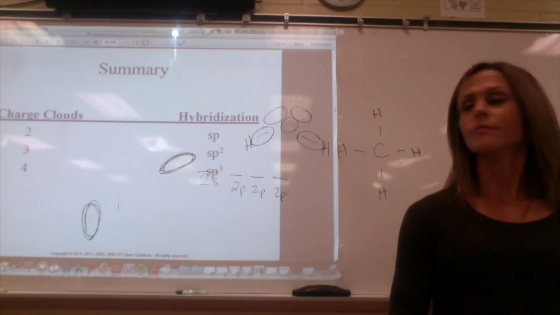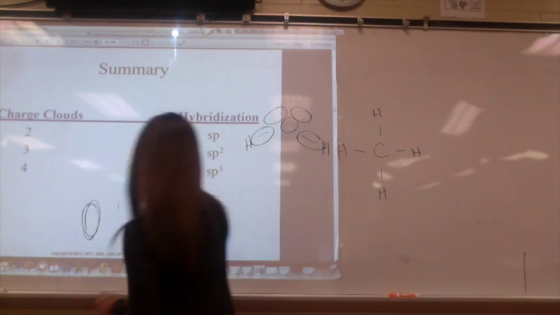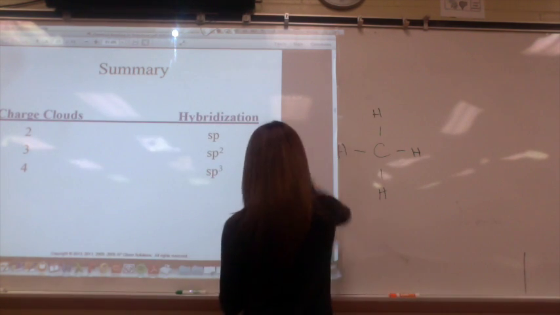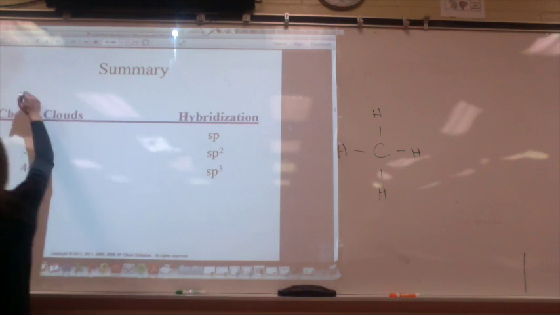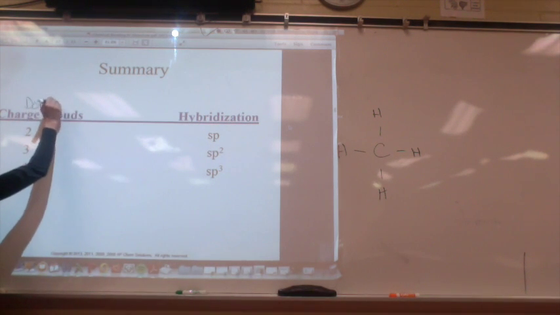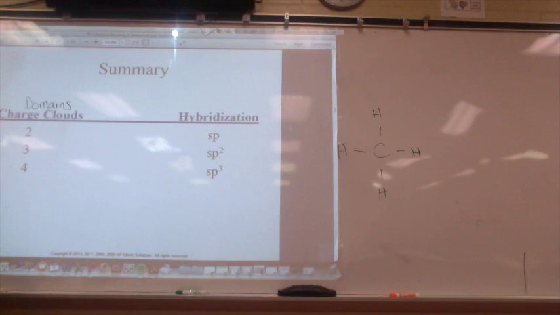So in summary, not charge clouds. I like the word domains. If you have 2 domains, you take 1 part S and 1 part P. If you have 3 domains, you take 1 part S and 2 parts P. 4 domains, 1 part S, 3 parts P. You do now 5, 6.